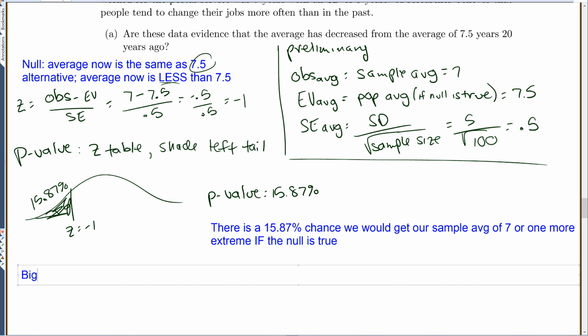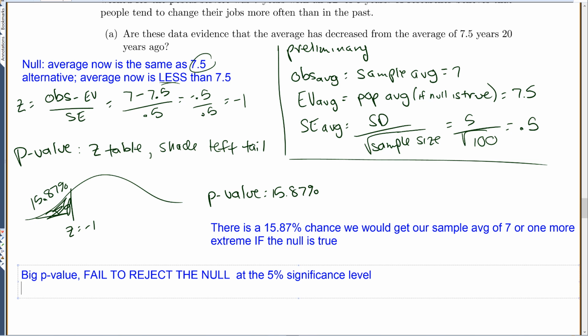That looks like a big p-value. Anytime you have a big p-value, you will fail to reject the null. And this is technically at the 5% significance level because I am comparing it to 5% in my head, so it's bigger than 5%, so it's a big p-value. So our results are not statistically significant.